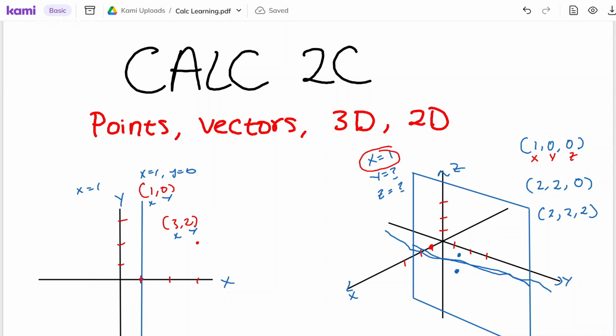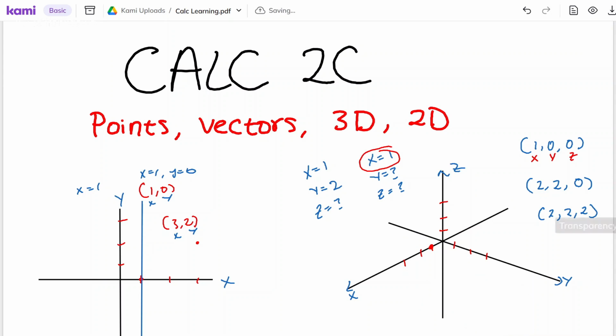And then when you have 2 constraints, so let's say x equals 1, and let's add y is equal to, what can y equal to? 2, I don't know. What this would look like is, and remember, if they don't give a z, let's say z is not constrained, so z can be anywhere from positive to negative infinity. What this would look like is, let me erase these.